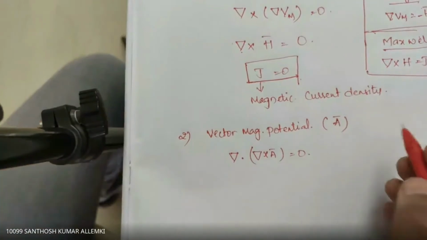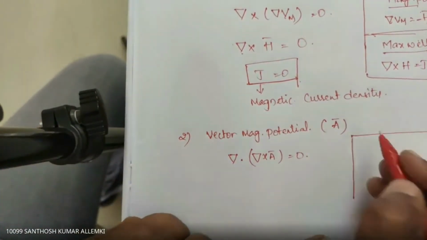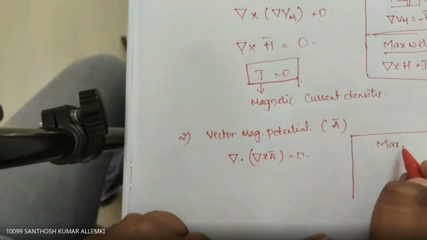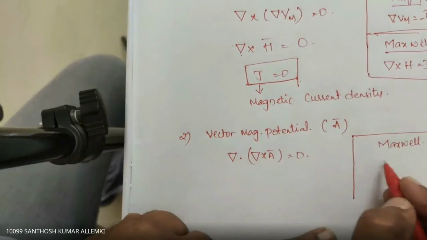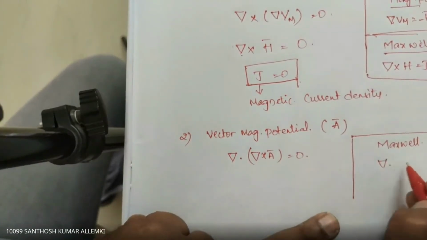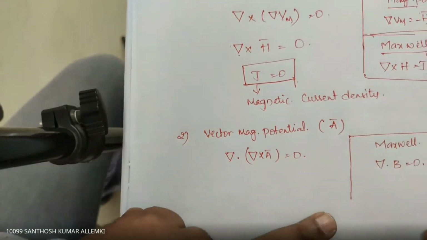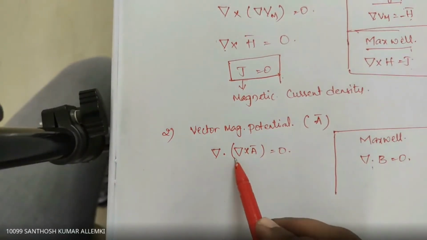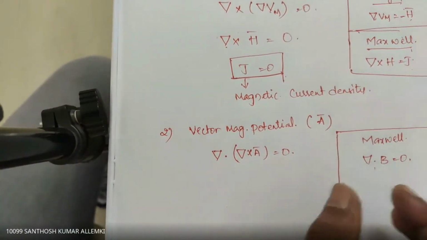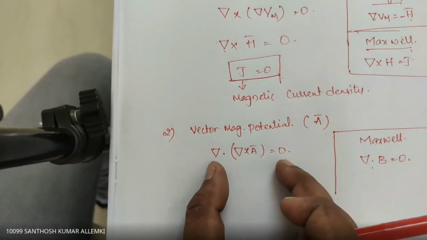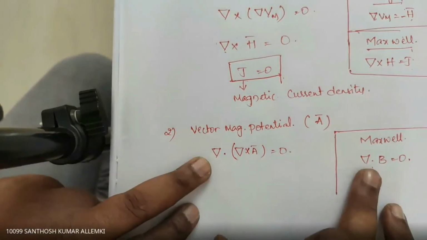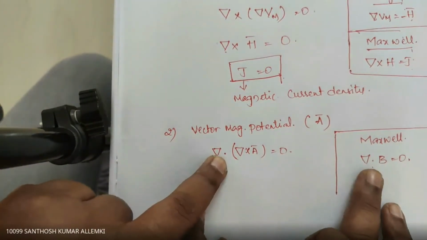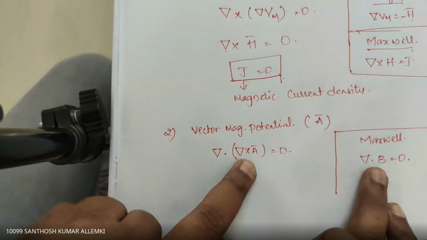Okay, now see here, from the Maxwell equation again. From Maxwell equation, we can write del dot B is equal to 0. So now if we compare this Maxwell equation and this expression, then del is del as usual, dot is as usual, B is equal to del cross A bar.